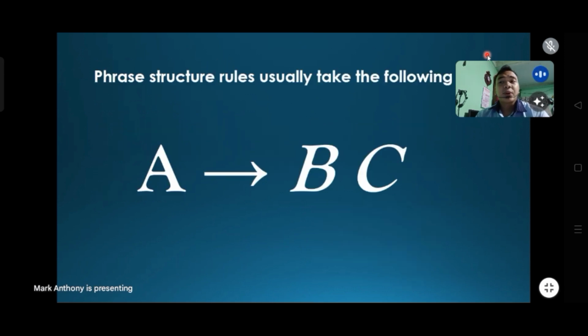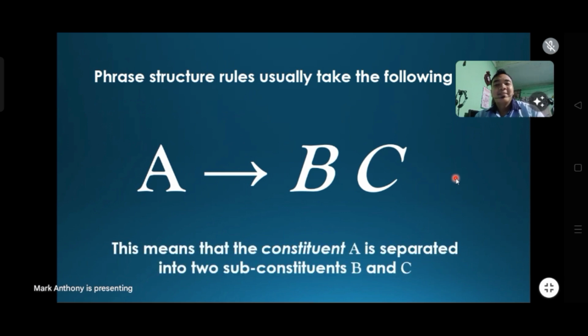Phrase structure rules usually take the following form. We have here the letter A and the letters B and C. It's not an alphabet. Basically these letters represent constituents.